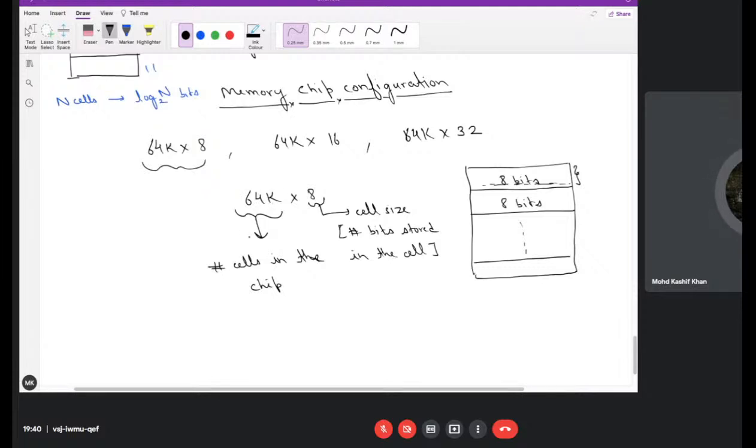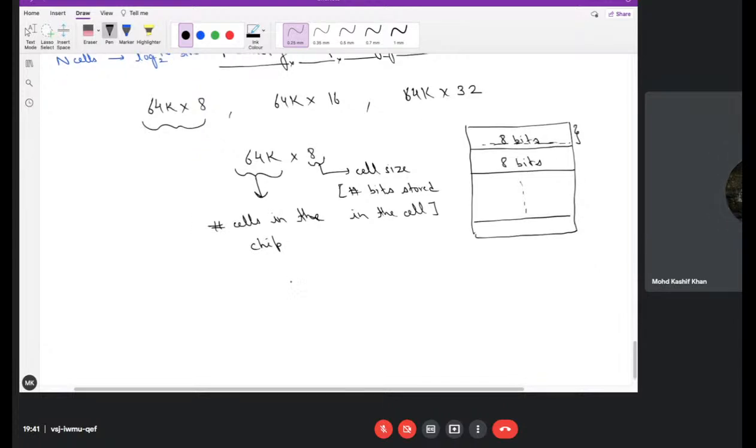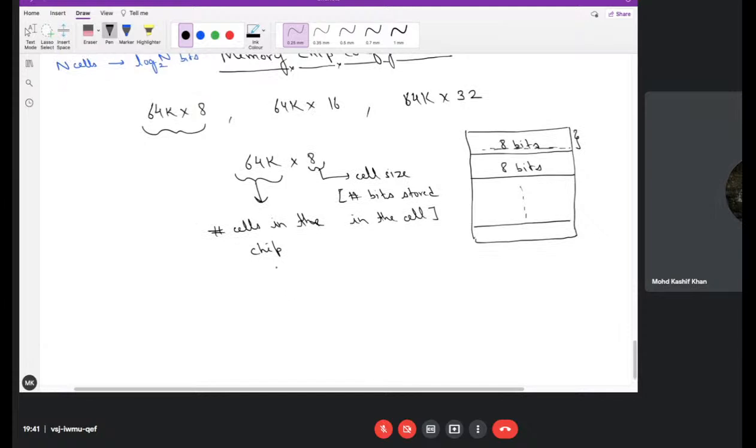So for 64K cells, can you tell me how many address bits will be required? The number of cells is 64K, and K means 2 to the power 10. I'm waiting for the response from all of you.